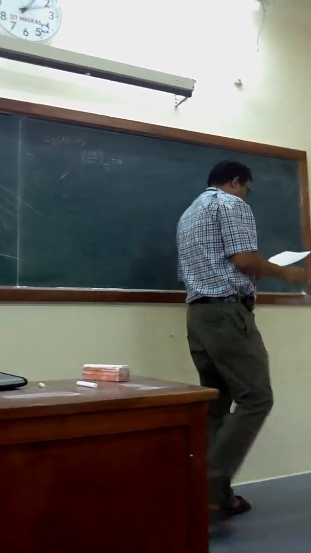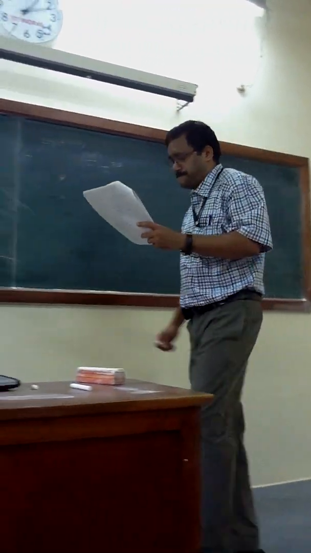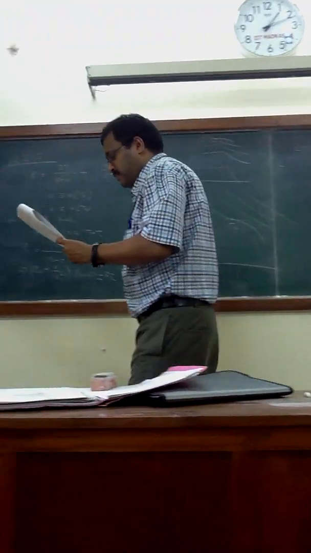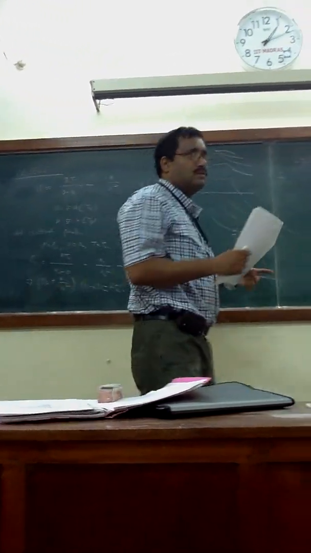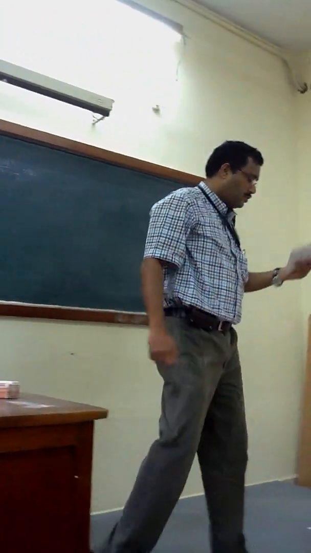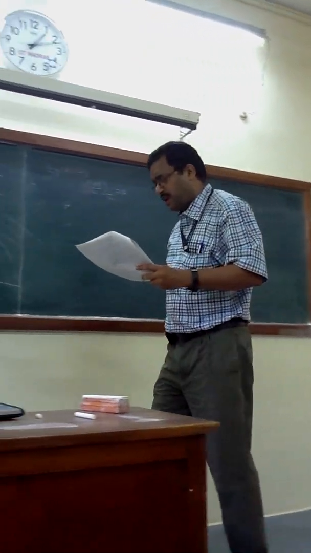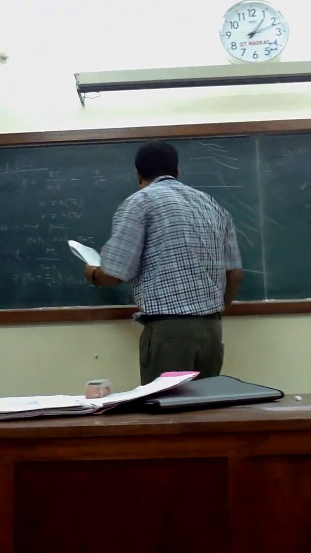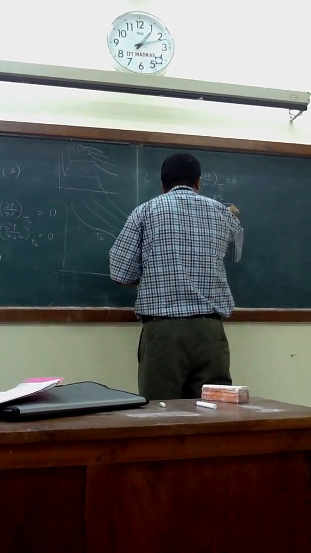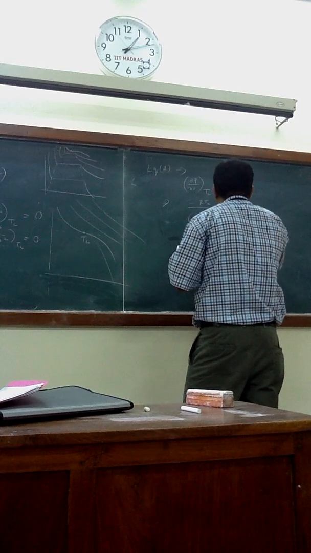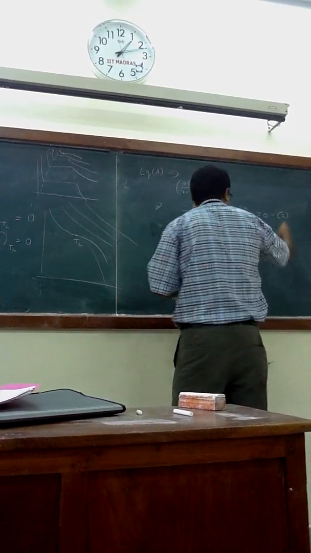Very simple form. Dou P by dou V at TC equals minus RTC divided by VC minus B whole square, plus 2A by VC cube, equals 0. Equation number C.